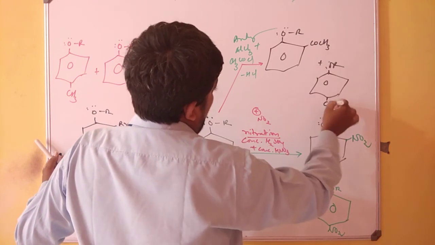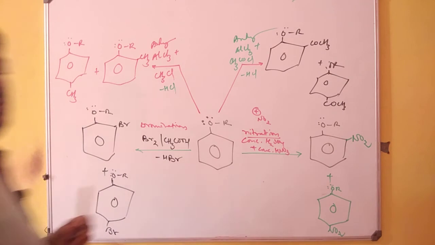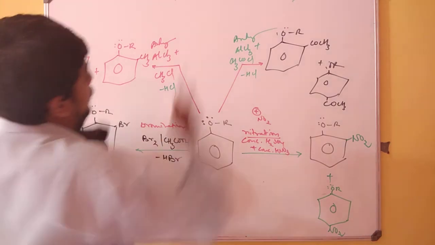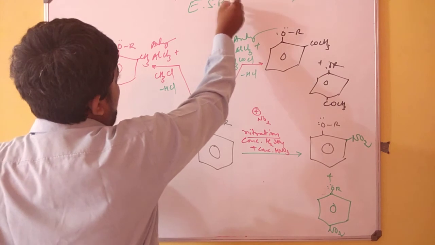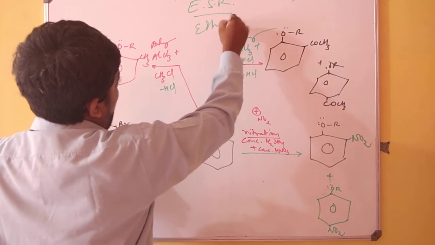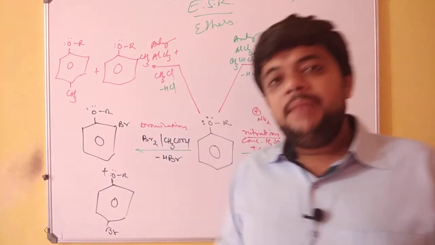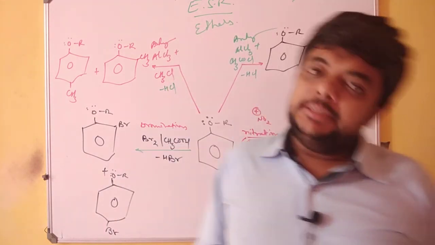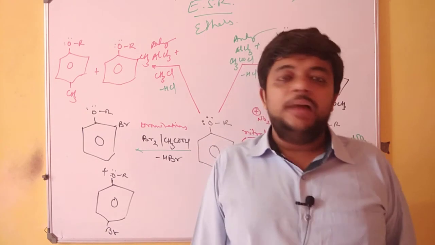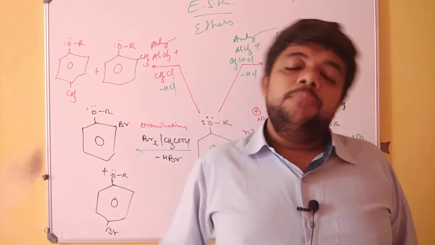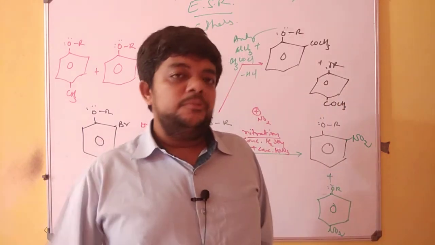So this is how things work with these four sets of reactions. So friends, these are a few of the electrophilic substitution reactions of ethers. These are the few topics that can be included in the topic ethers, apart from the physical properties and IUPAC nomenclature, along with the structure that were earlier provided to you in the previous videos.